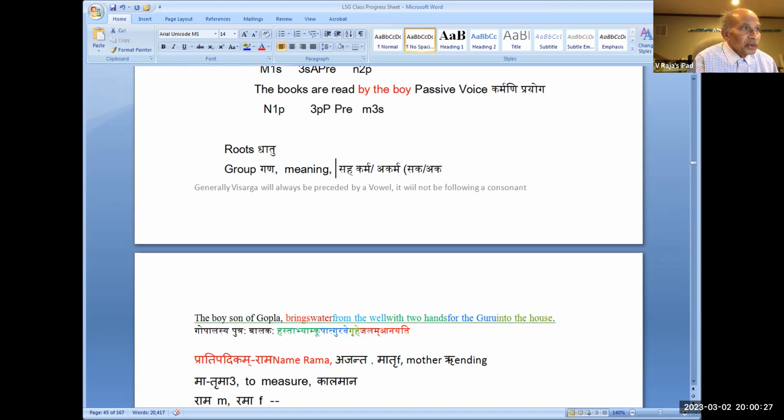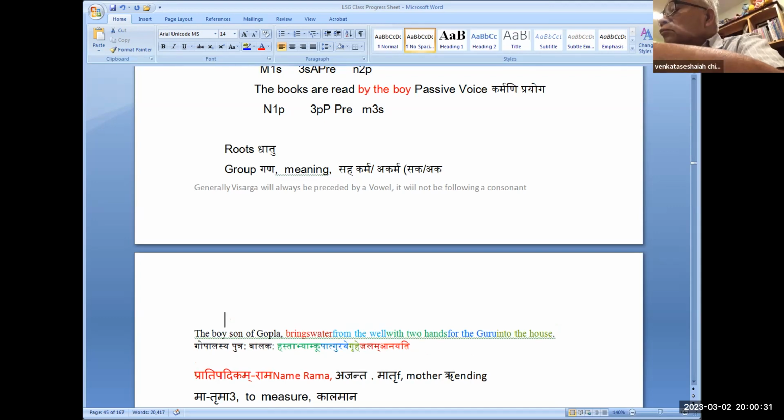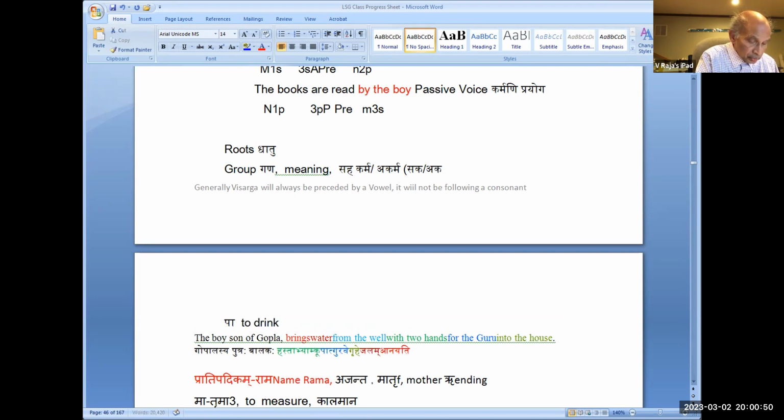For example, I'll just give an example here. There is a root called pa. It has two meanings. One, it means to drink. Another one is to protect.